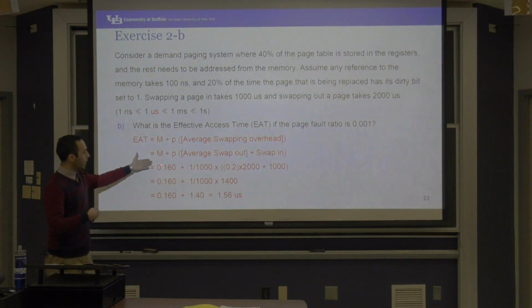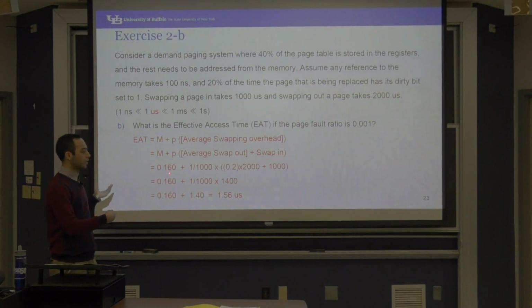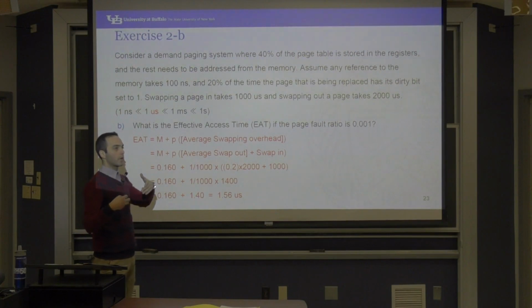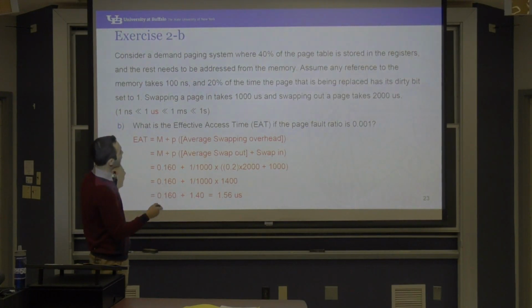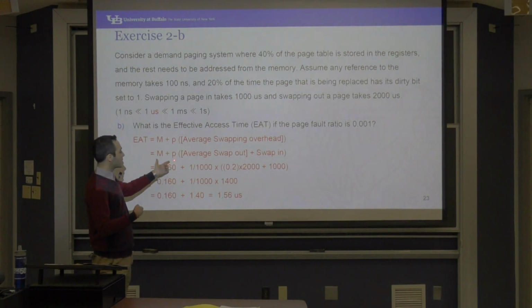The memory access time we just calculated takes 160 nanoseconds on average. And the extra overhead is for when we have a page fault, and the page fault ratio is 1 over 1,000.